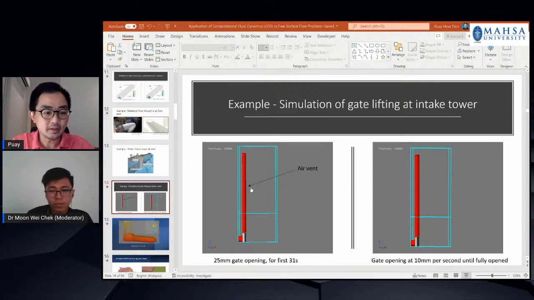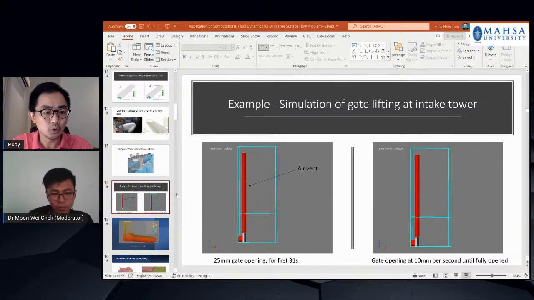By using CFD, we can predict the phenomena of gate opening at the water tower intake. Water will enter the intake, will enter the pipe here through the emergency gate, and you can see here when the water enters the pipe, the water will shoot up in the air vent here.